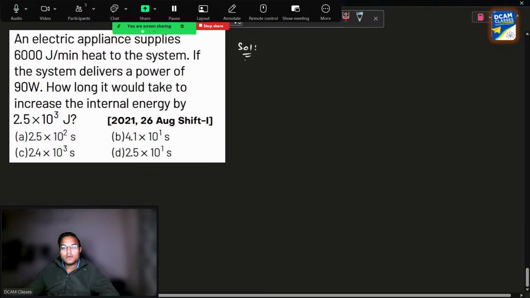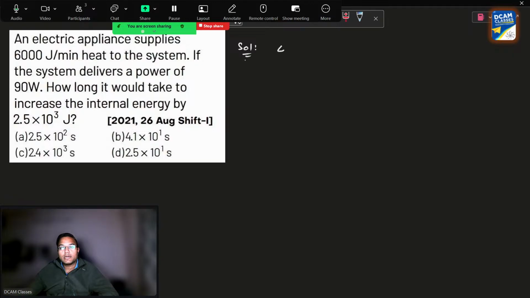Let me solve and then check. Electrical appliance supplies 6000 joule per minute. Delta Q is equal to delta U plus delta W. Heat is given per minute, so per second, 6000 by 60. Delta U. How long will it take?